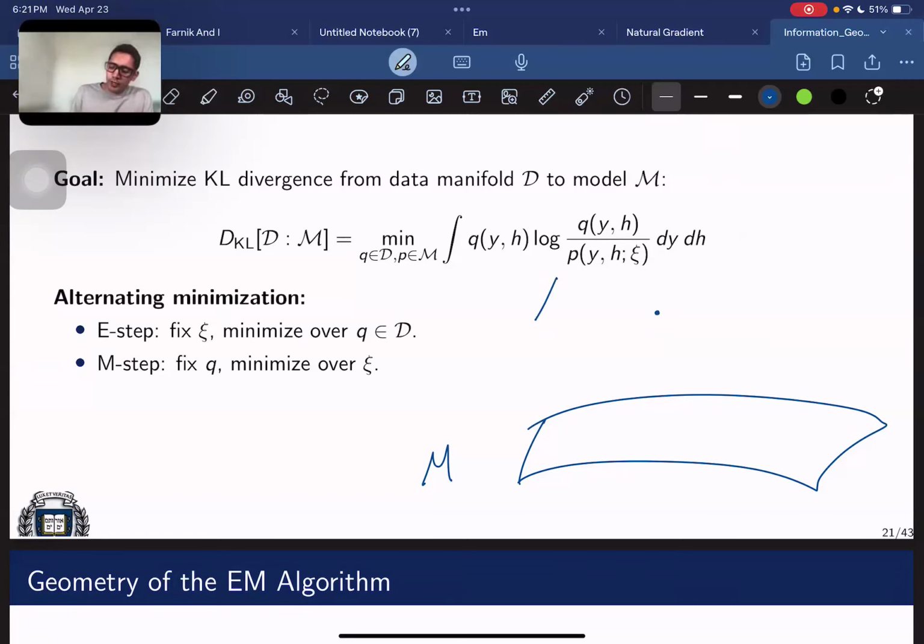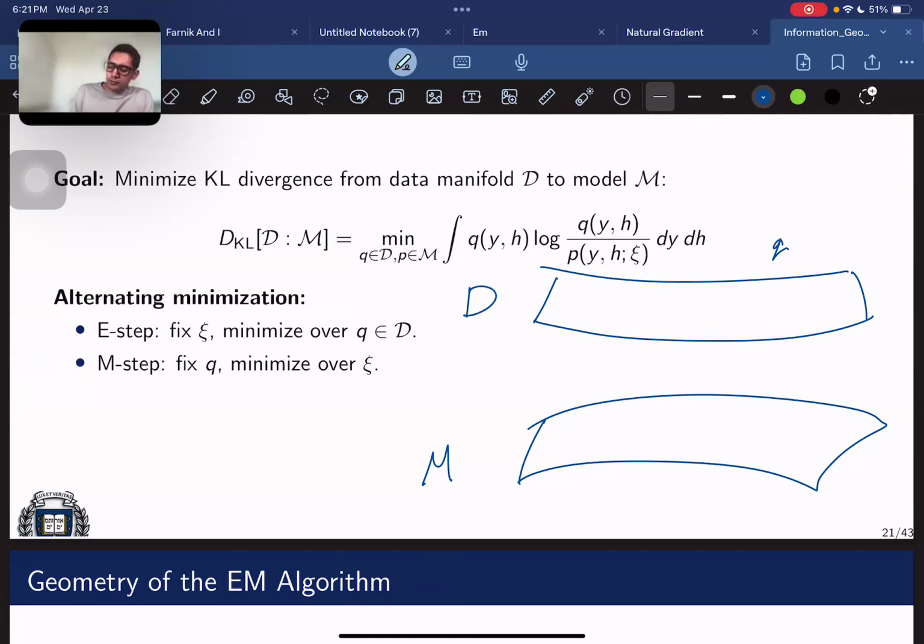Now you have another manifold, which is the data manifold of Q(Y) and Q(H given Y). If you start from any point in the data manifold, then you can find the best.